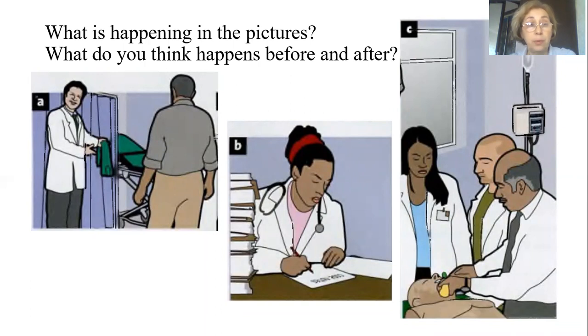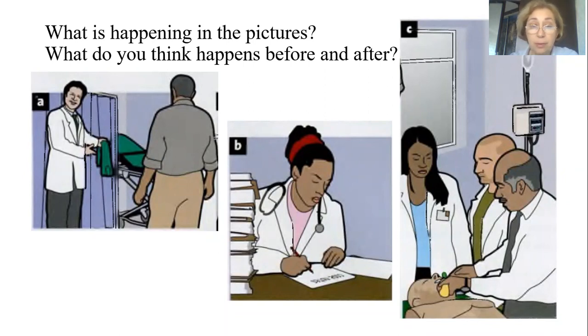Yes. Great. And you can see that the doctor is holding some kind of piece of clothes in his hand, and he offers the patient to undress and to change the clothes. You're right. So to make it easier for the doctor to do the checkup. Okay, thank you. And now let us move to the next picture.